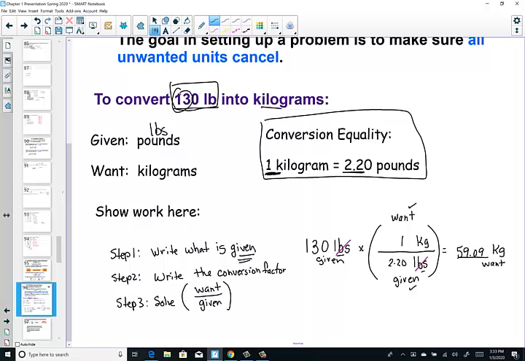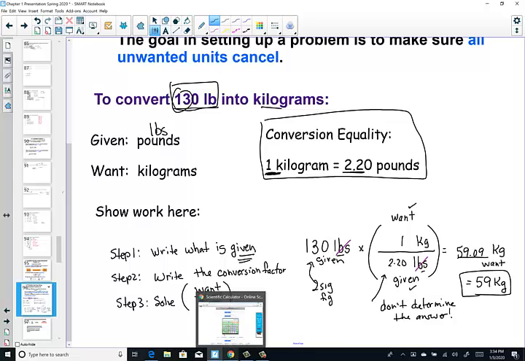Now remember, the conversion factors don't contribute. The conversion factors don't determine the answer's sig figs. It's what was given in the problem. We were given 2 sig figs, so that will determine how many we can answer with. So that final answer in the appropriate number will be 59 kilograms.